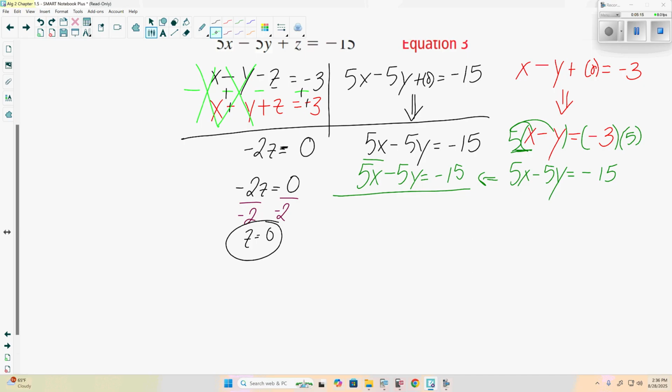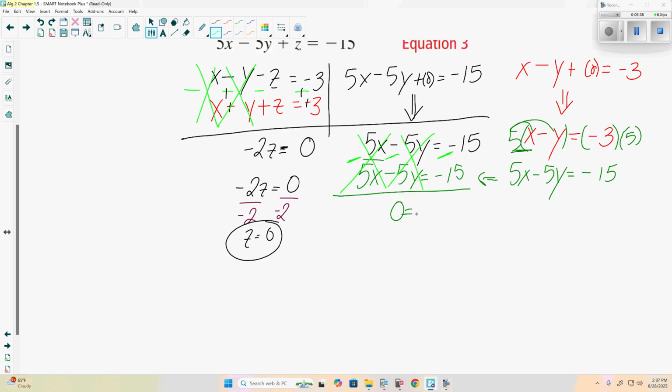Questions on this here? Now at this point we can subtract. 5x minus 5x is 0. What's negative 5y minus negative 5y? 0. So the whole left side is 0.